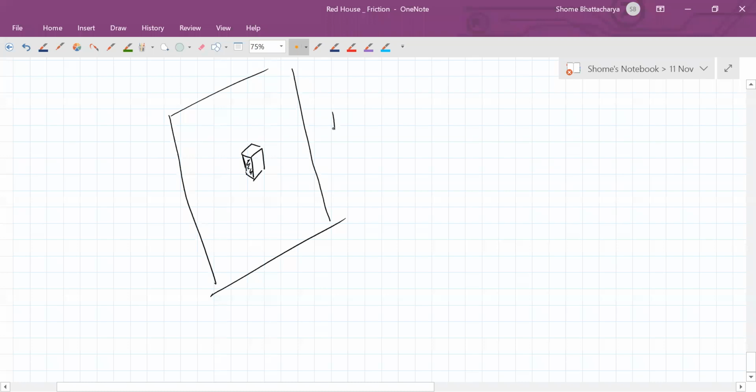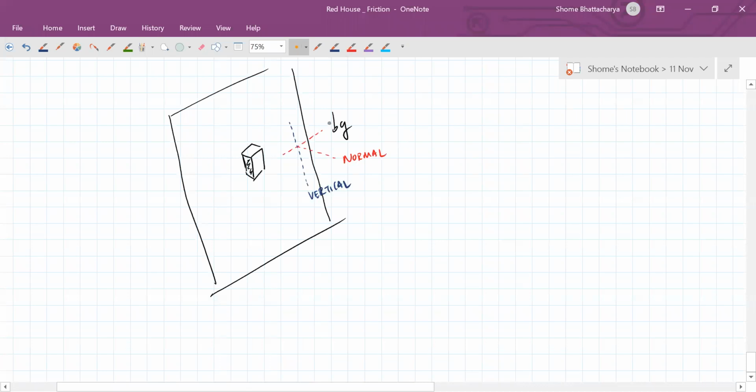So gravity here is acting in this direction. Now see, this is the unit vector normal to the wall, and this is a direction which is tangential to the wall but horizontal, and this is the one which is vertical. So these are three axes which are mutually perpendicular.